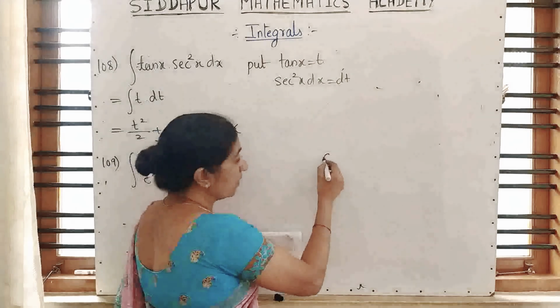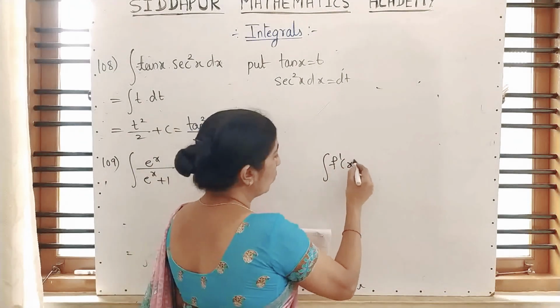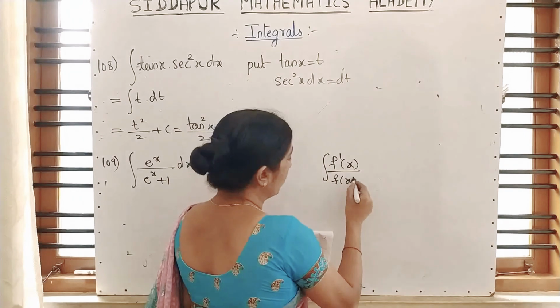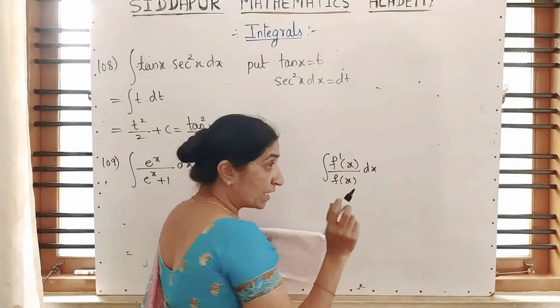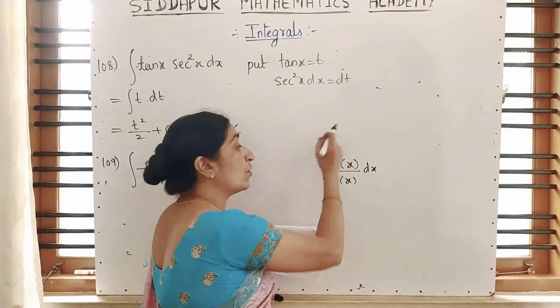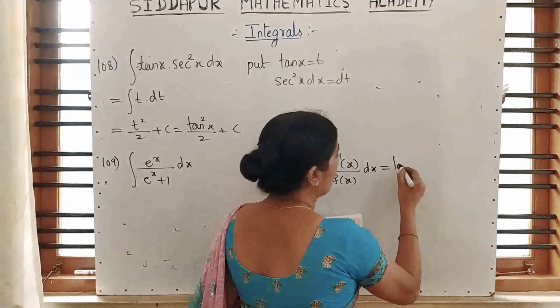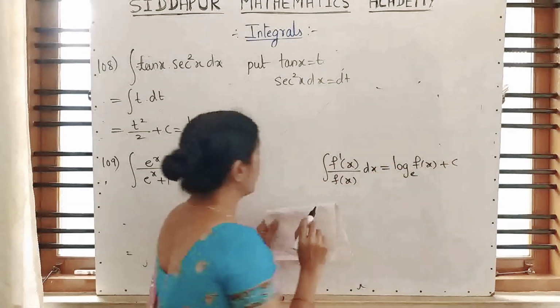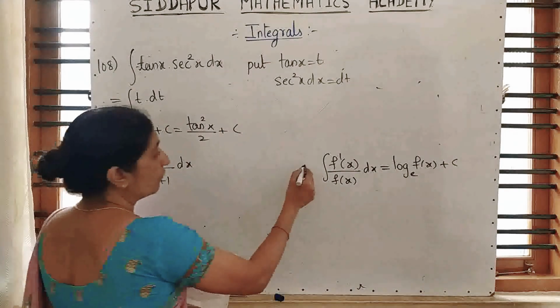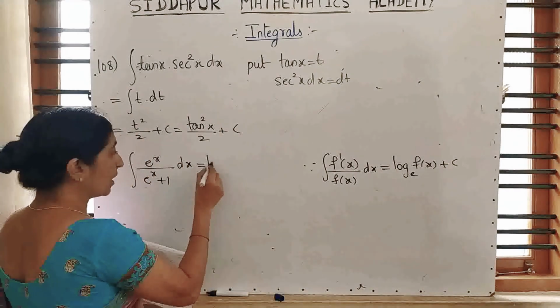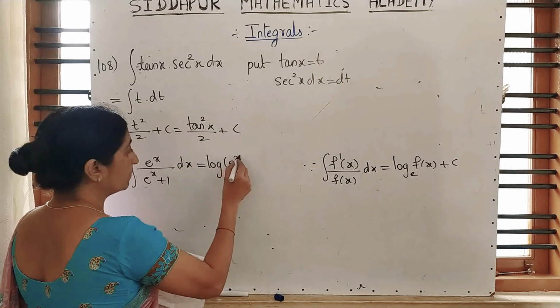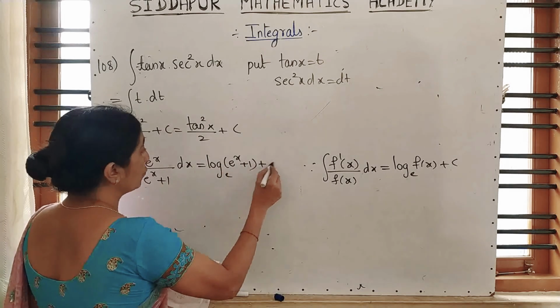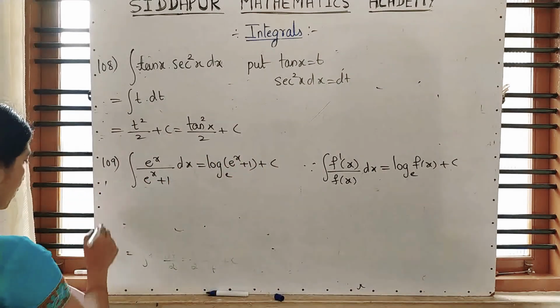See, is the example in the form of f dash of x upon f of x or what? The meaning is differentiation of the denominator gives the numerator. At that time it is log of the denominator. In front of that, if you write the formula, directly you can write the answer. That means you should be thorough in differentiation also.